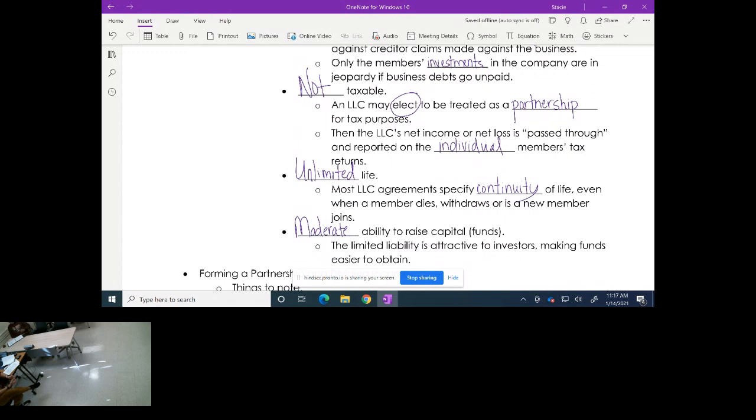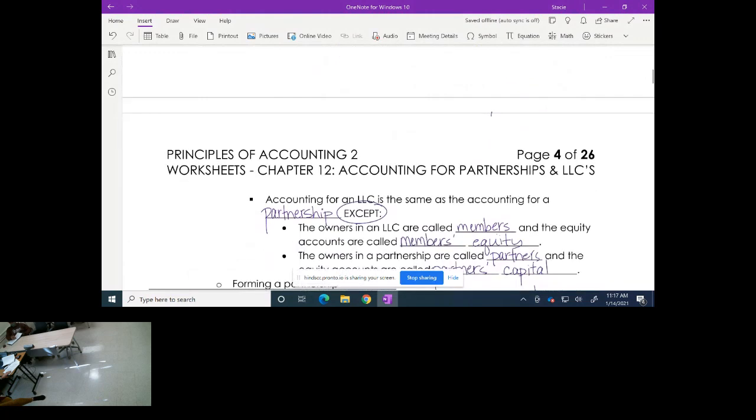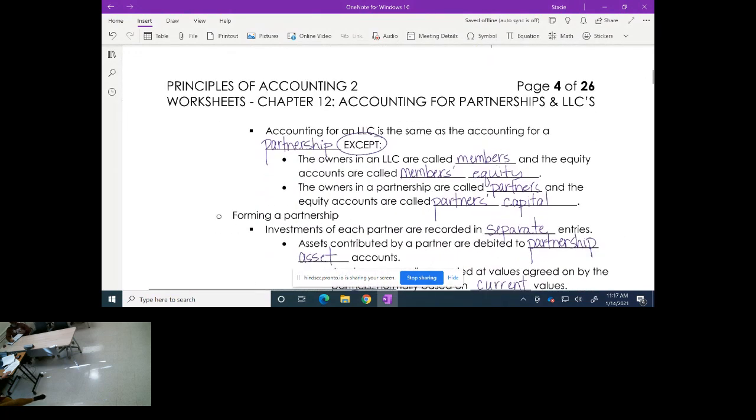But most LLC agreements specify that the business won't discontinue if somebody dies, retires, withdraws, whatever. They have a little bit better ability to raise money. You're going to have an easier time talking investors into putting money into your business if you've got that liability protection, and they know that that's an element there.